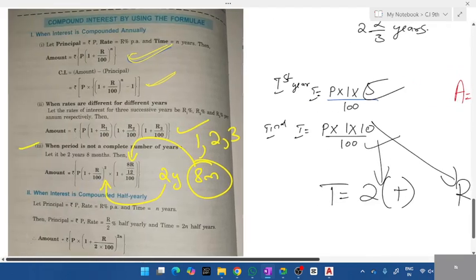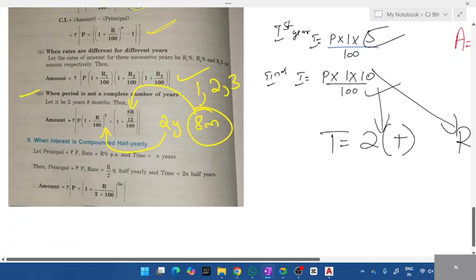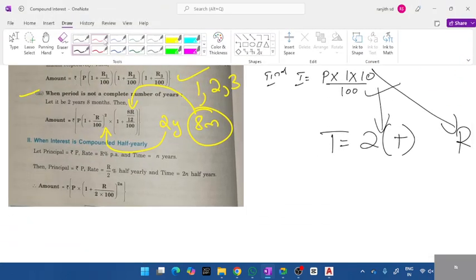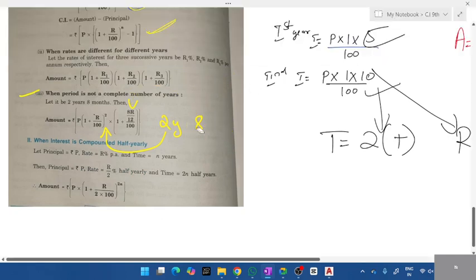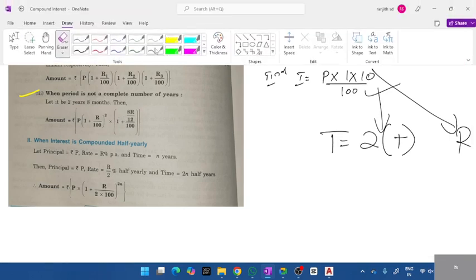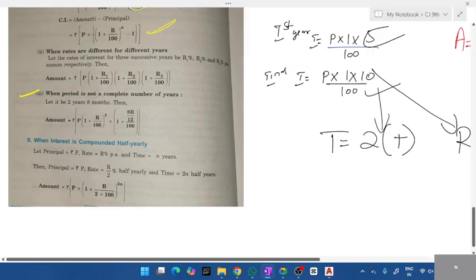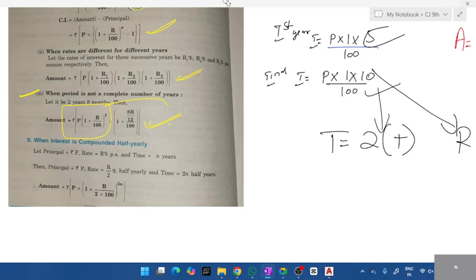For the formula, look at this. When interest is compounded half yearly, that is what they've given here. Here they've just given the formula, but I explained it all in detail. What is the difference between using the formula and without the formula? Okay, see, all this we can go through later. Fine. Whatever they have written, I split into two parts, students. Look at this.